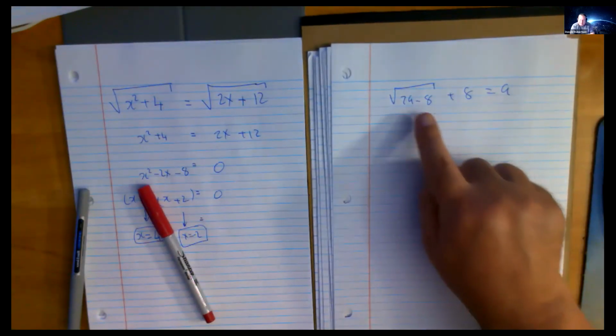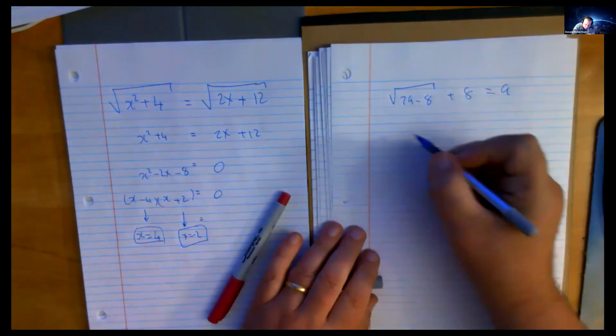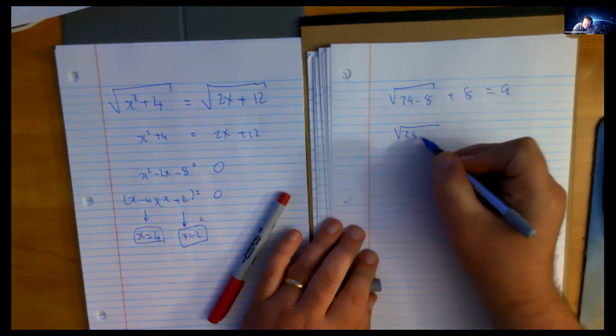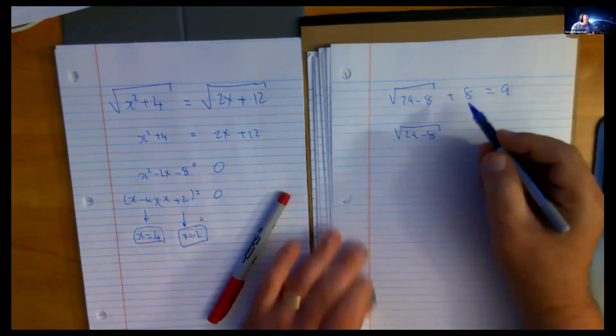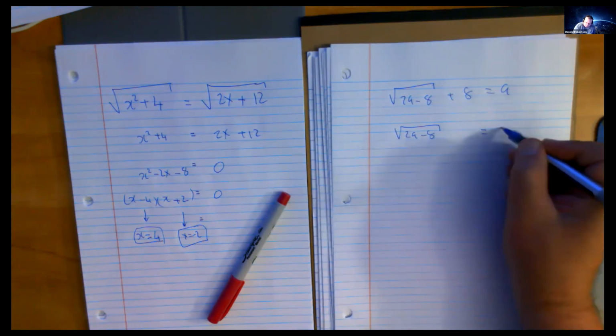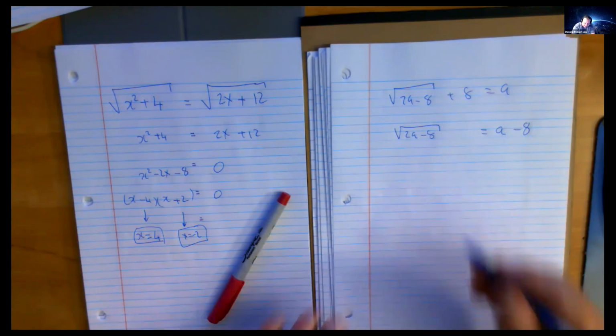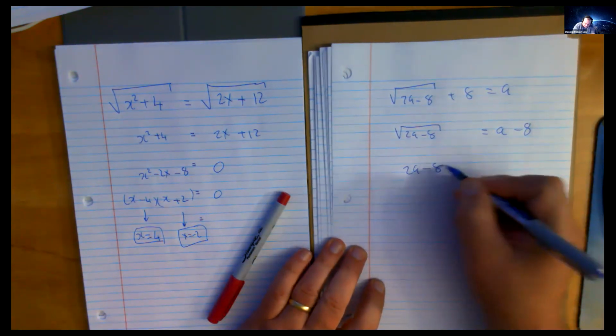This one here, that's an A, by the way. What you need is a square root on its own. You cannot do a square root plus somebody or a square root take away somebody. If you square that, it doesn't come out the way you think it does. So you subtract 8 from both sides. And now you can square both sides.